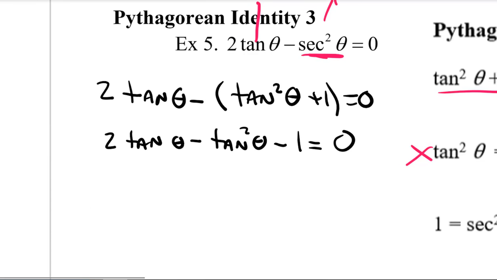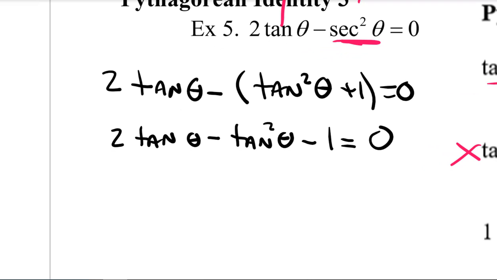Now we're going to rewrite this in standard form. If I notice my quadratic term is negative, there are two ways to think about that. One is flip the sides of everything by multiplying everything by negative 1. Or you could move everything to the other side.